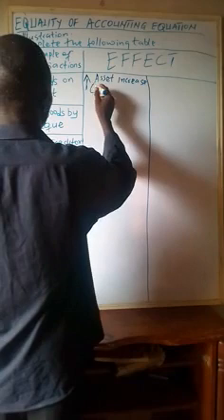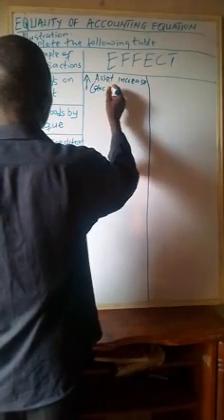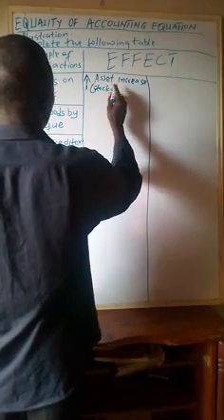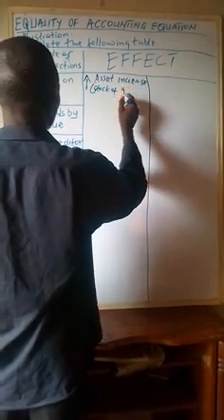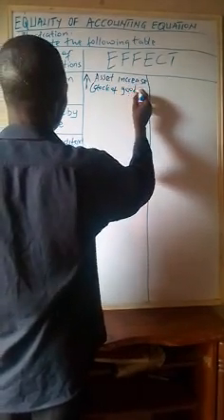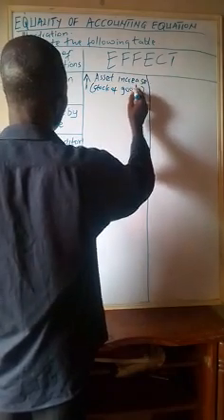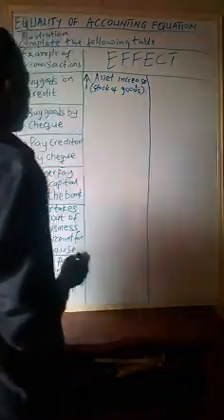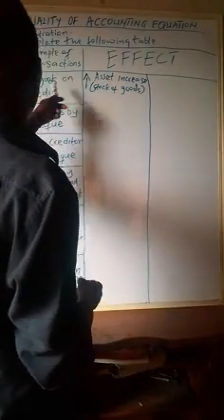That is the stock of goods. Stock of goods. And what is the other effect? That is, buy goods on credit.